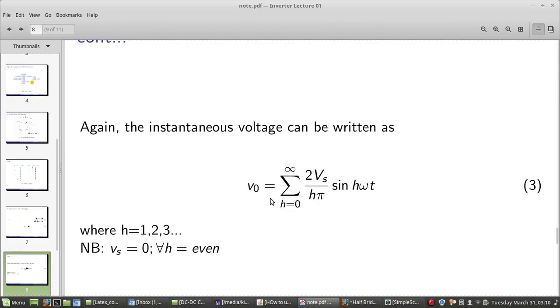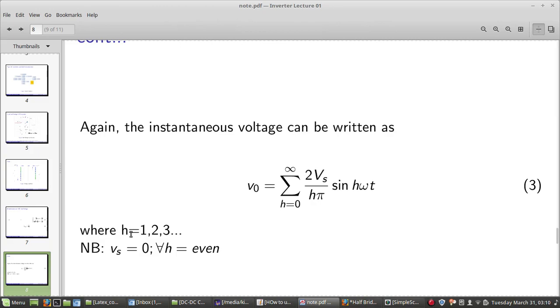Now if we recap the concept of the Fourier series, then this is the pattern of instantaneous voltage for this output voltage. Here h is the number of harmonics. h can range from 0 up to infinity.